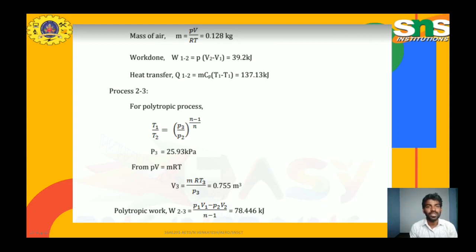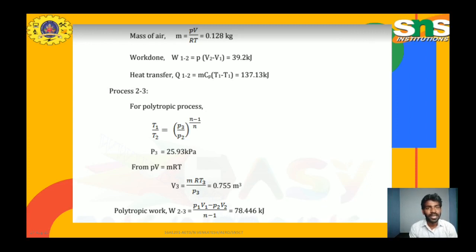In the process 2 to 3, for a polytropic process, we substitute the temperature pressure relation: T1 by T2 is equal to (P3 by P2) to the power (n minus 1) by n. Substituting the T1, T2, P2 values in the given data, finally we get the P3 value.